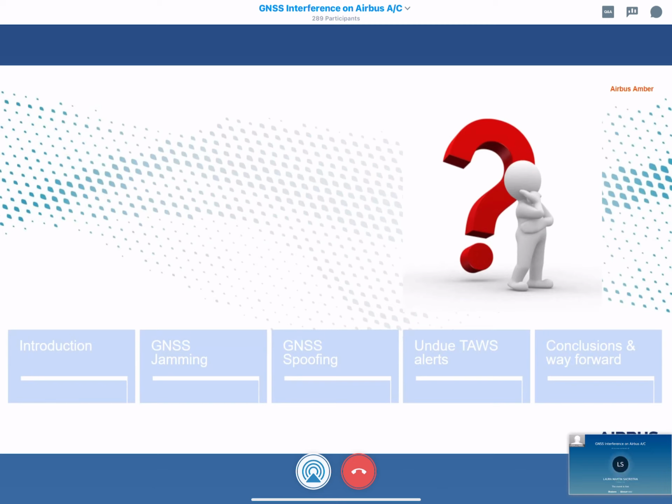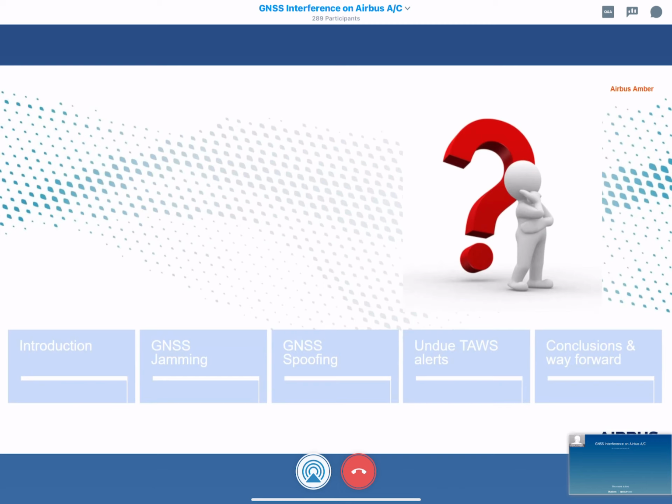The next question is on undue TAWS alerts. Regarding the undue TAWS alerts, do we have to expect inverse effects where real alerts are not generated because of erroneous GNSS position data? I can maybe take this one. If there is an erroneous lateral or vertical position, we could not exclude this. However, please keep in mind that the GPWS basic modes remain available. Thank you.